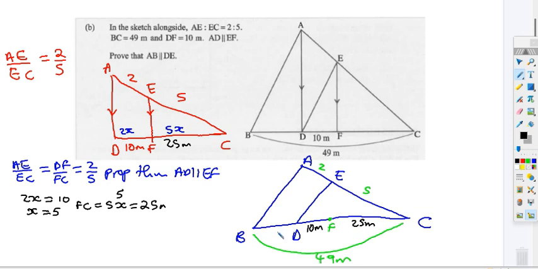We need to calculate this one. Your BD there is equal to, remember this whole side is 49 meters, so you can just subtract this 10 and 25 from 49. That's 35. So this is 49 minus 35. The 35 is from 10 and 25.